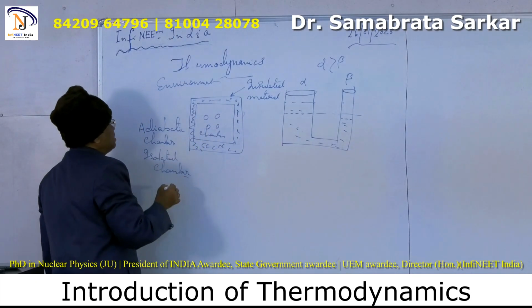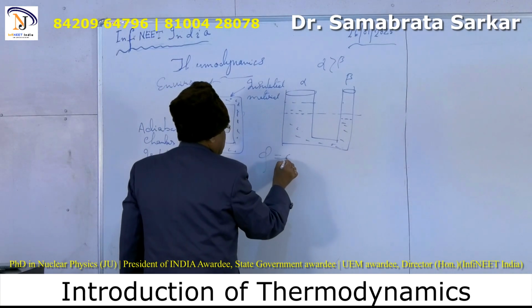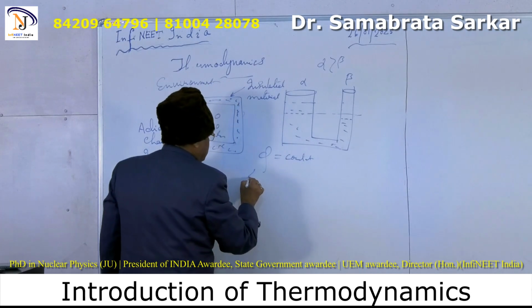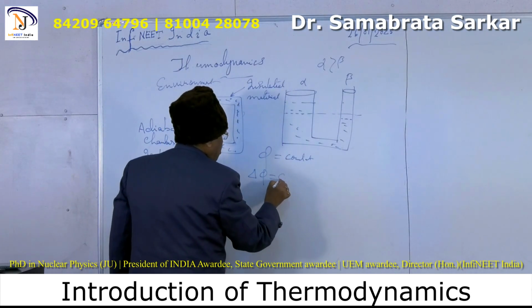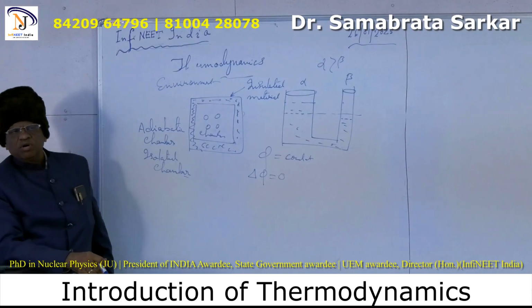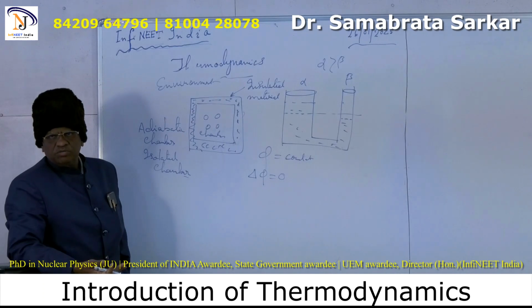So what happens? Total heat content, that is Q equals constant. So what happens? Del Q equals 0. There is no change of heat. That is del Q equals 0.